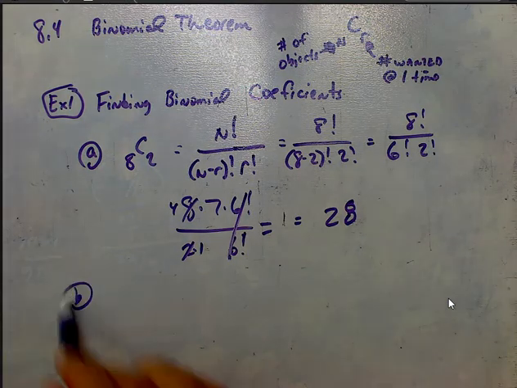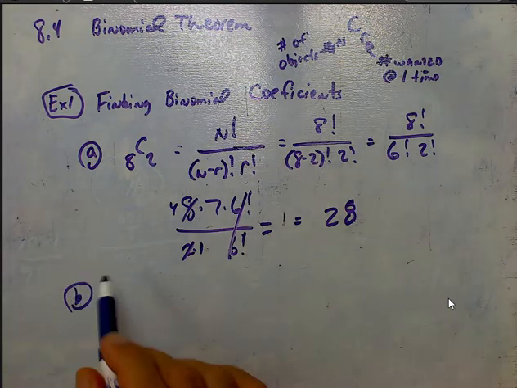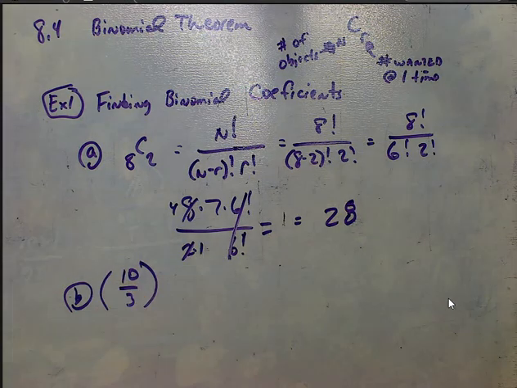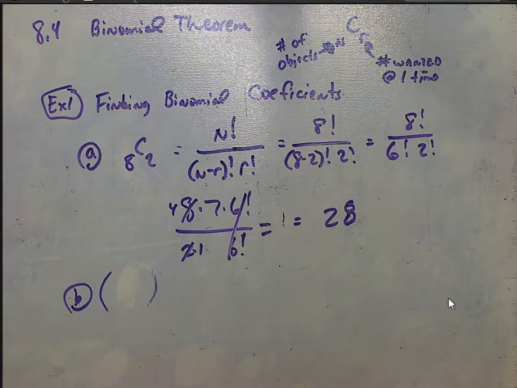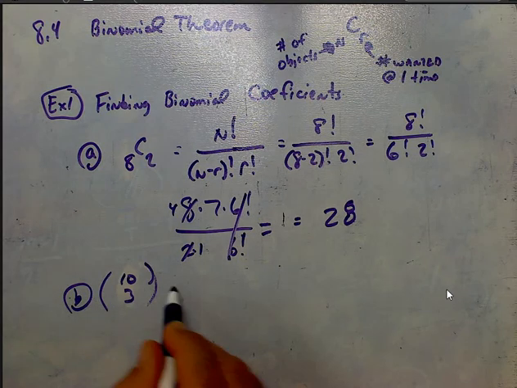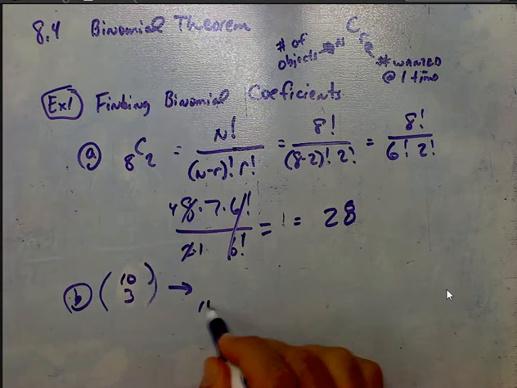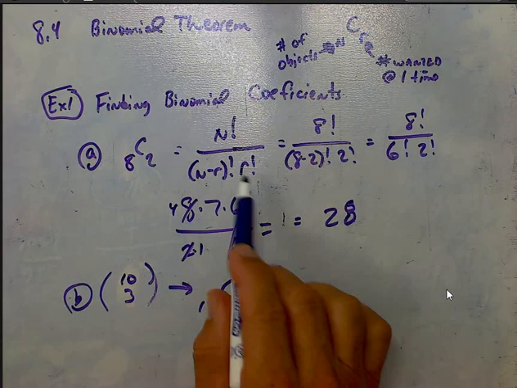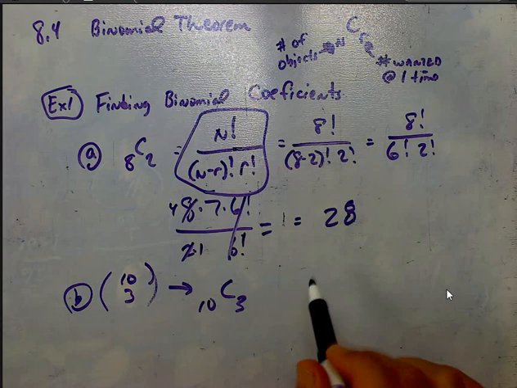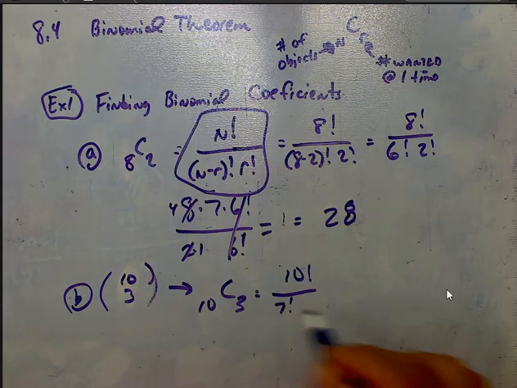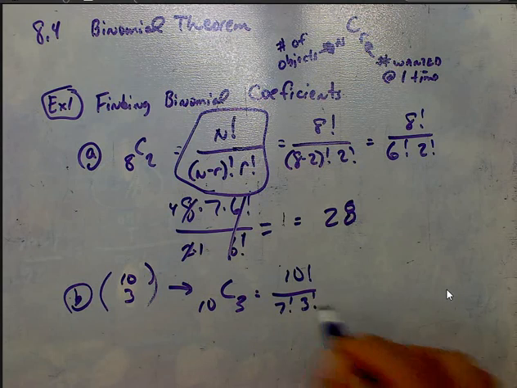For B, sometimes it'll look like this, and I apologize, there is no fraction bar. Sometimes the book will write it like this, and that just means to do 10C3. So following the formula outlined here, it's going to be 10 factorial, n minus r would be 7 factorial, r would be 3 factorial.